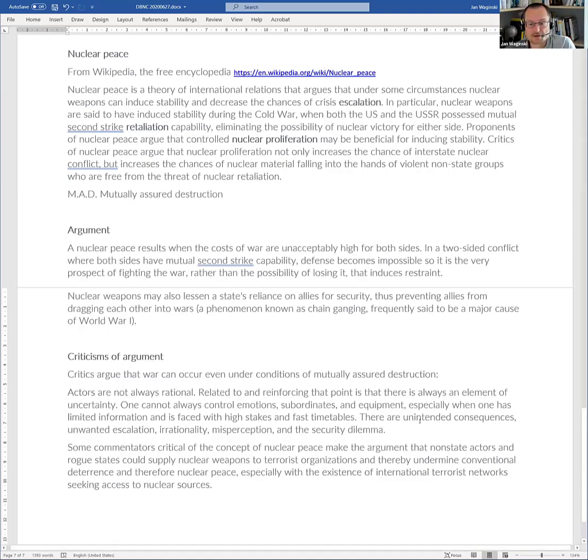Okay, well, let's pause there for a sec. Maybe some vocabulary here that's difficult. Actors are not always rational. So these are criticisms of the argument that nuclear weapons contribute to peace. So the first one is actors are not always rational. What does that mean? Well, rational means logical.